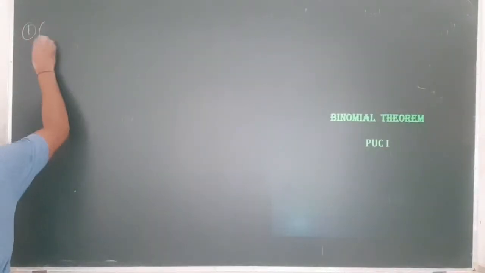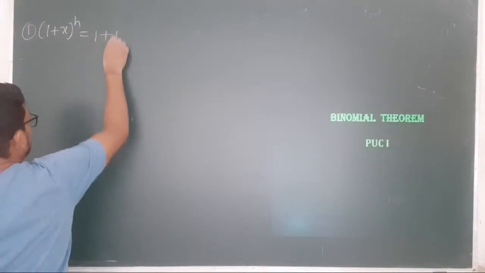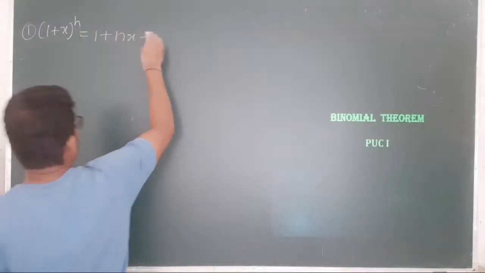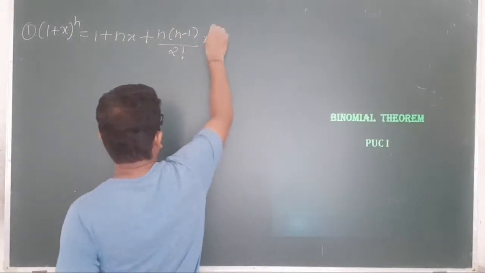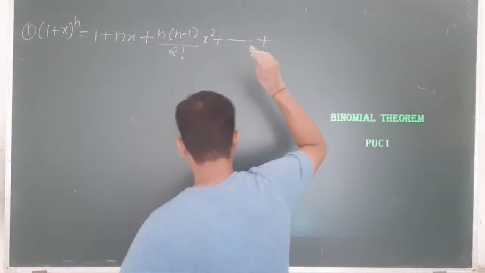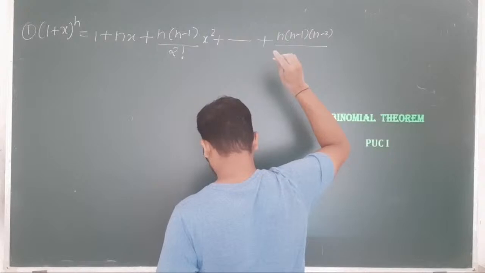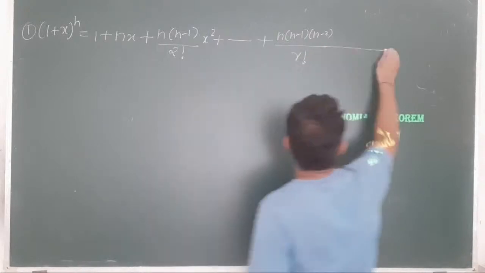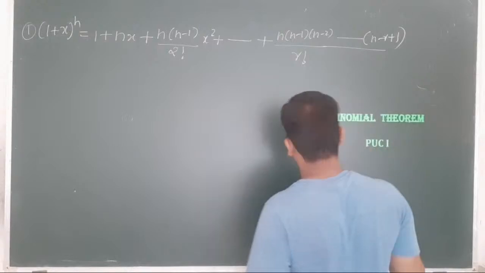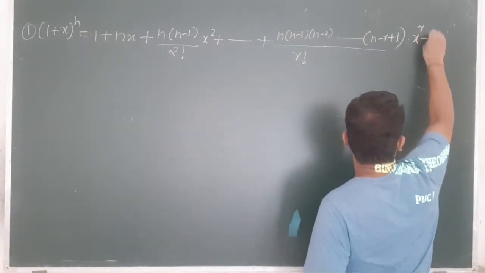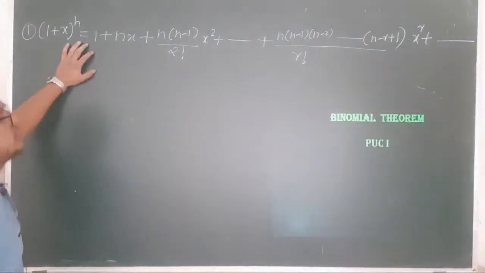In the first expansion, (1 plus x) to the power n can be expanded as 1 plus nx plus n into (n minus 1) upon 2 factorial into x square plus so on plus n into (n minus 1) into (n minus 2) and so on up to (n minus r plus 1) divided by r factorial into x to the power r plus so on. Okay. So this is one important expansion I have given.